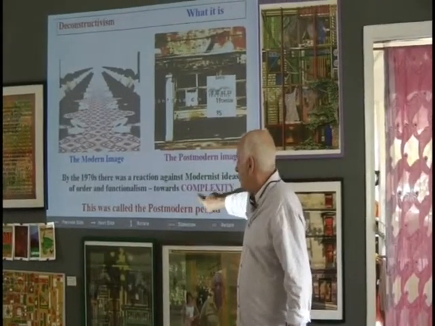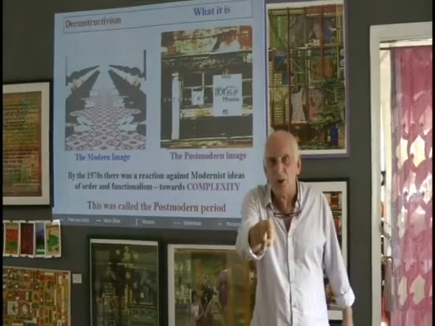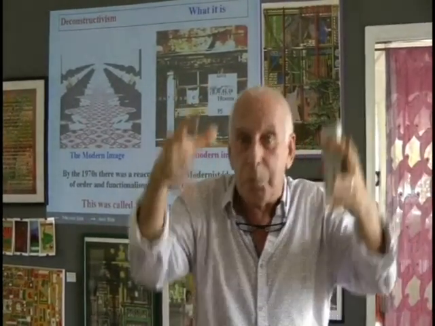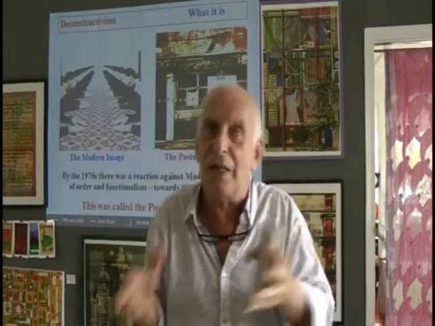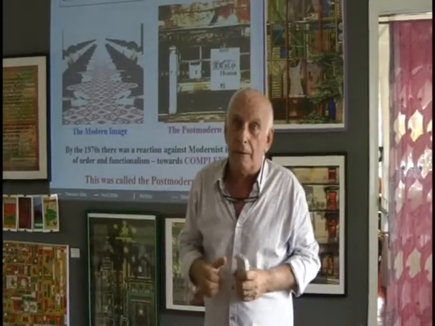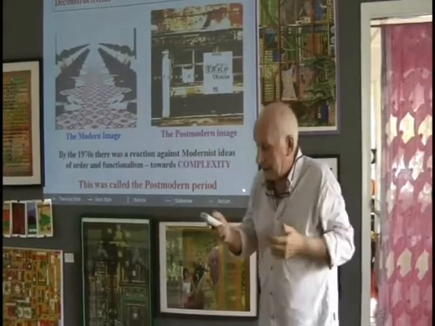But the point about the postmodern period is an attempt to get back to the idea of complexity in the environment, that the environment should reflect, more truthfully than modernism does, the actual complexity of lived experience. Okay? Next.